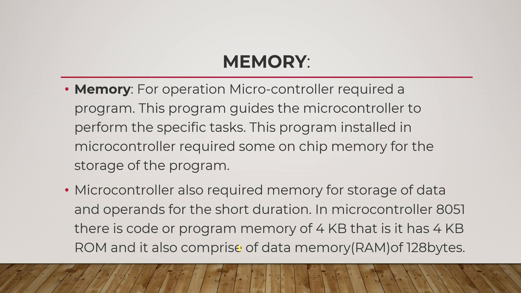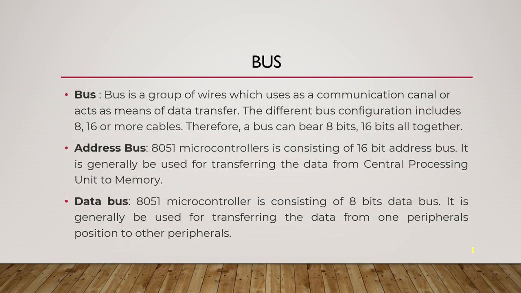It also has data memory, RAM, read and write accessible memory, so we can access and change the data. These are the data memory: 128 bytes of data memory are there.